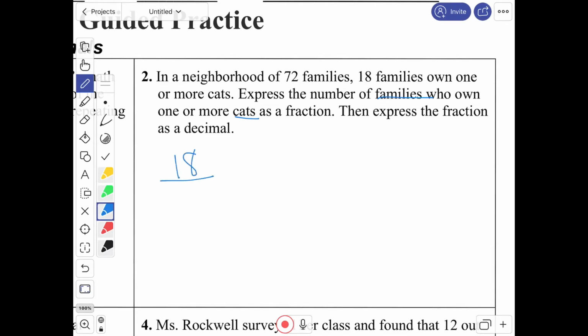That would be 18 over our total, which is 72. And sometimes when we simplify, it's hard to think of the biggest number. So it's okay if you can think, well, I know that they're even, so I can divide at least by 2. And 18 divided by 2 makes 9. 72 divided by 2 makes 36.